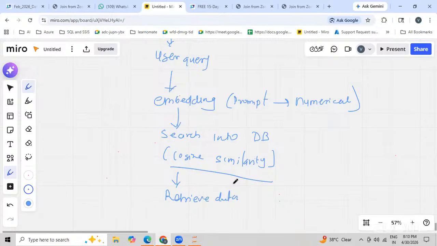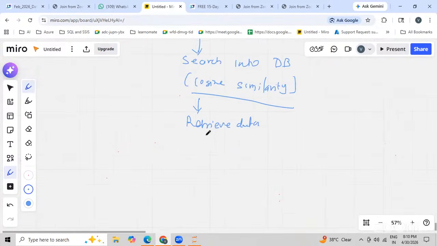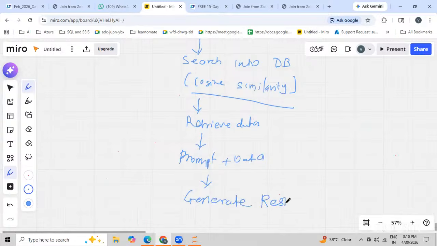Then they add your prompt and your data both, and the LLM will generate or restructure the response, and then give you the answer. So this is the RAG.